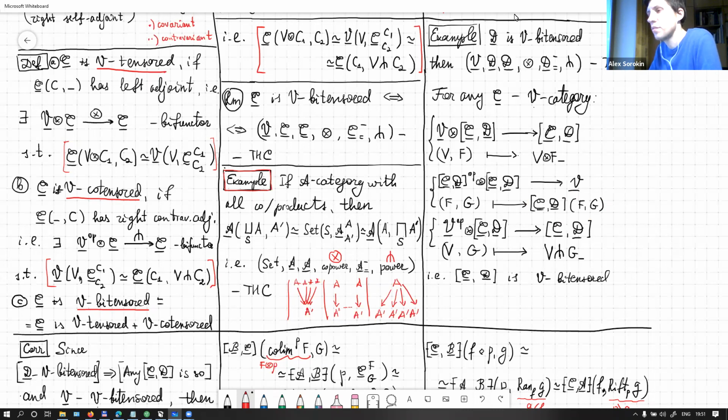To see this, you can use end and coend calculus, all these yoga rules of how to move ends and coends from inside to outside, and use the usual adjunctions from D, because D is bitensored. And you can prove that this functor category will be bitensored. So tensoring or cotensoring is inherited from the target category.